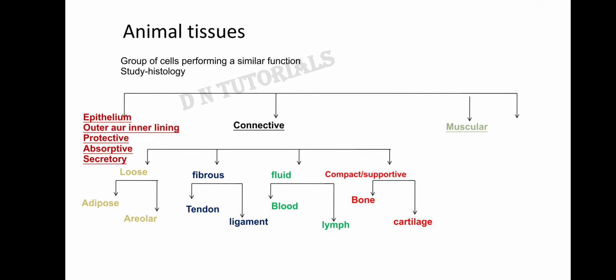And muscular tissue enables us to move and locomote. Muscular tissue is of three types: striated, unstriated and cardiac. The fourth tissue that plays a crucial role in control and coordination is the nervous tissue. So these were the four categories of the animal tissues and we'll be discussing each one in detail.